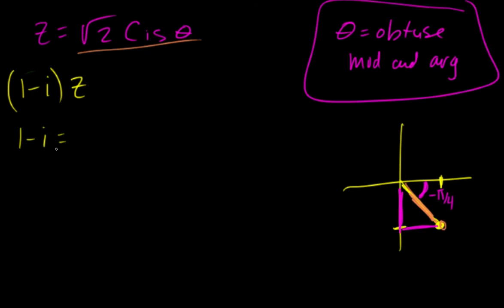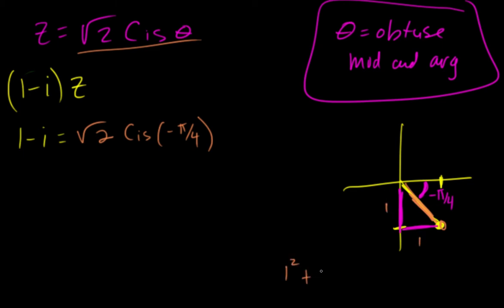Okay. So if we do that, then we know that's square root of 2 cis negative pi fourths. As far as finding the modulus from here, this is 1, this is 1.